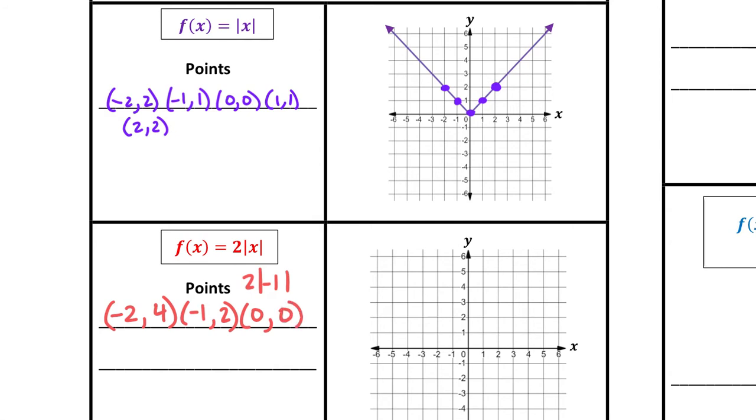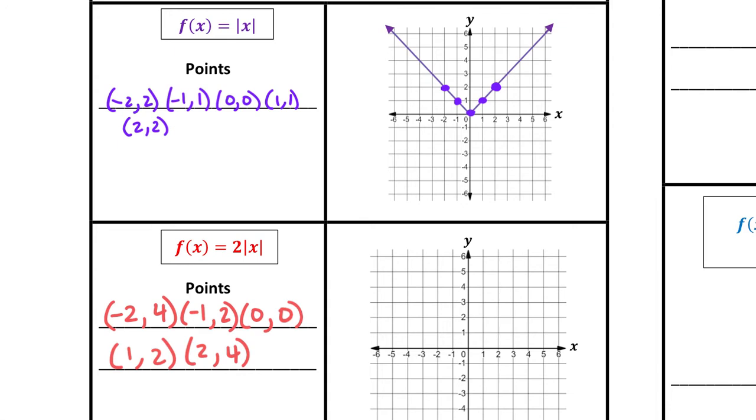Now if I plug in 1, what's my output? Absolute value of 1 is 1. 1 times 2 is 2. Let's go to the last point. If my input is 2, 2 times 2 is 4.